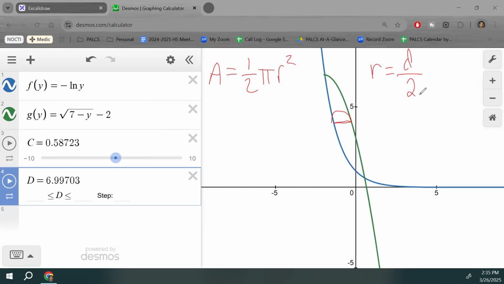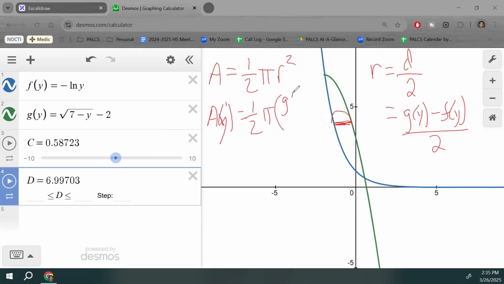And the reason we have to use the diameter is because that's the length that's known. That's g of y minus f of y, the diameter, divided by 2. So the area function, a of y, is 1/2 pi times g of y minus f of y all over 2, squared.